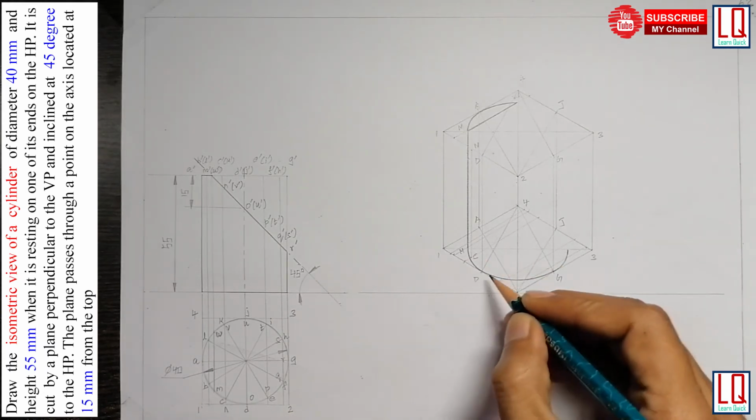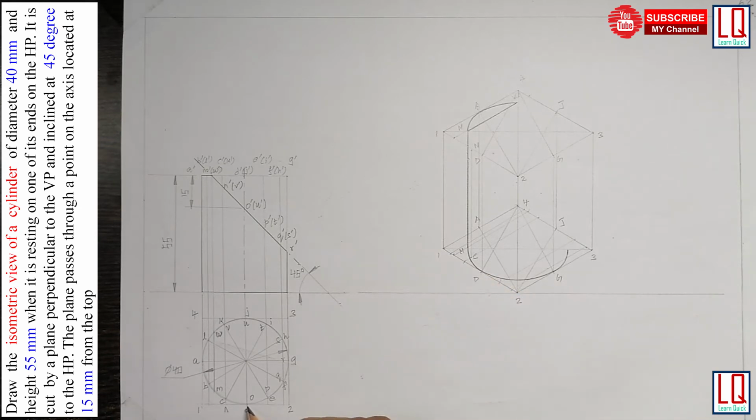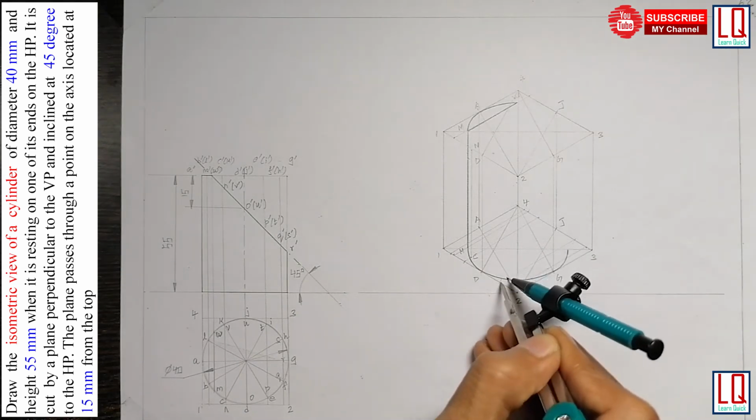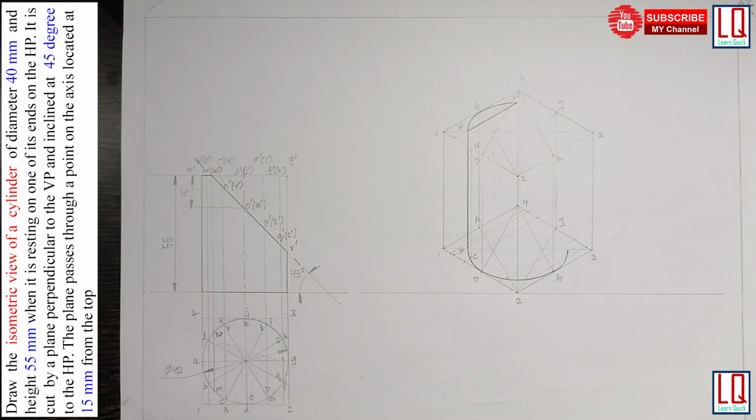Next, we already have the point D. Next we have to find P. So to do that, measure from side 1, 2 and measure P. From 1 to 2 we find point P here.